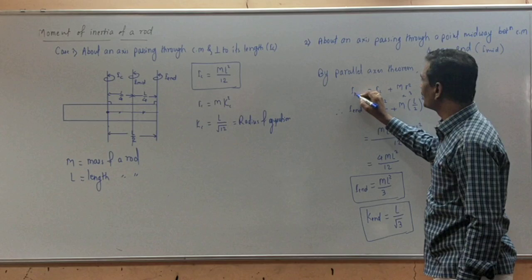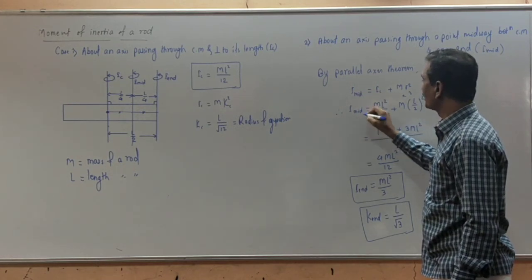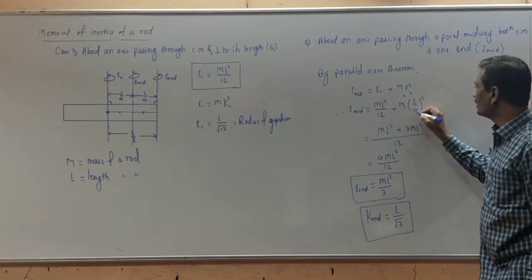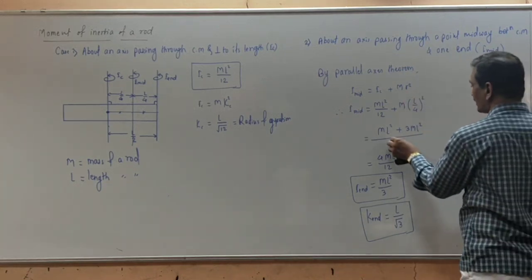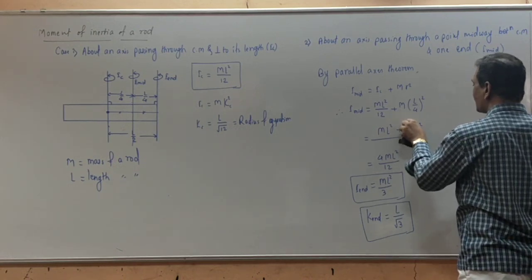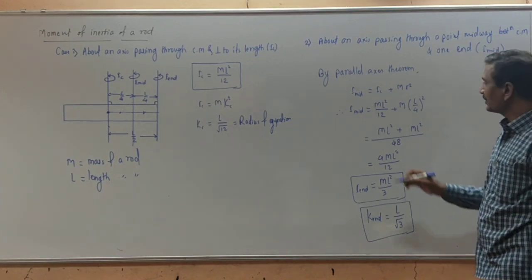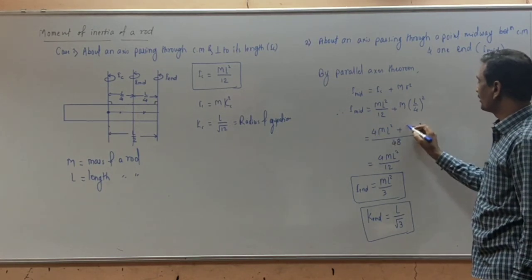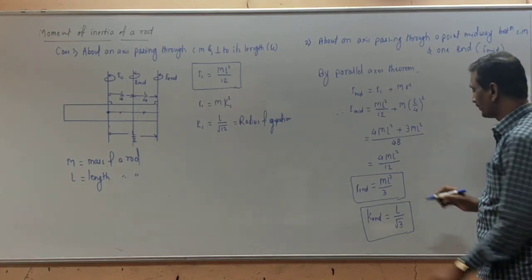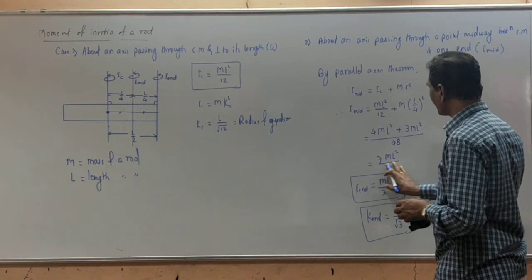I mid is equal to IC plus MR square. R is L by 4 here. So the square of 4 is 16. What is the LCM of 12 and 16? It is 48. As the LCM is 48, multiply by 4 and by 3. So your final answer is 7 ml square by 48.